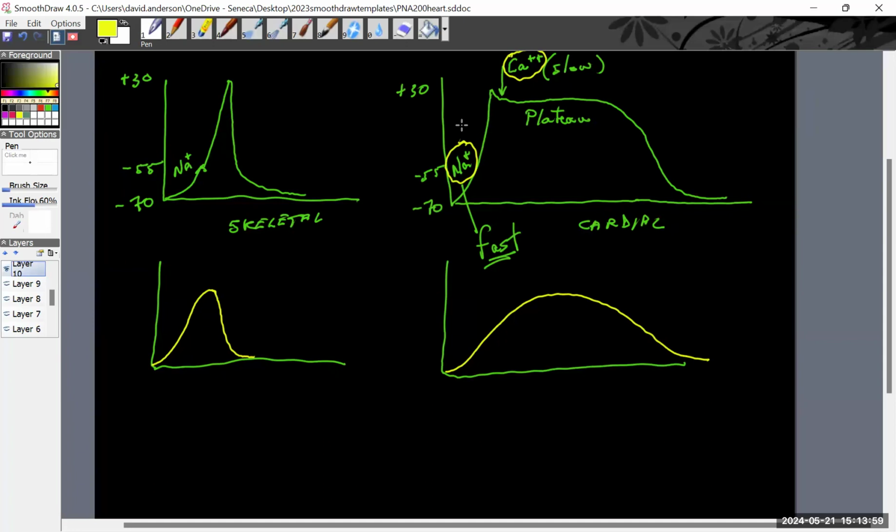Now, I hope you remember that calcium in skeletal muscle is stored in the sarcoplasmic reticulum. You remember that from skeletal muscle?